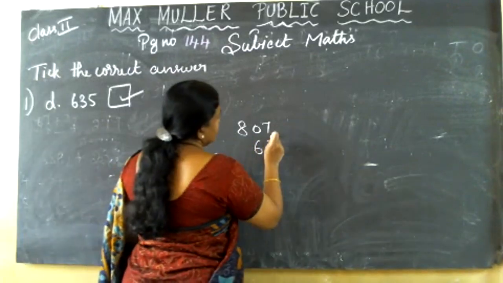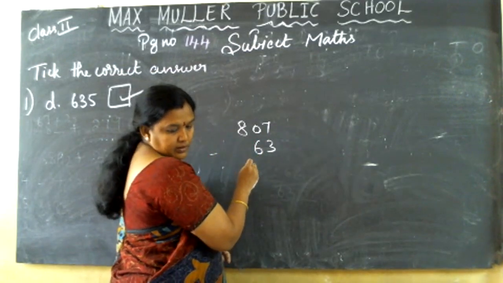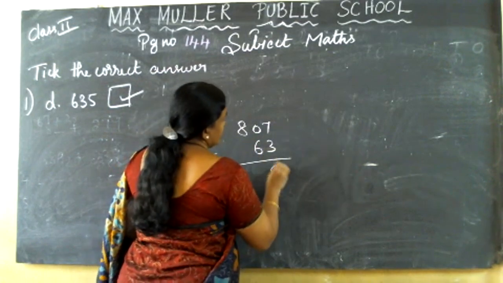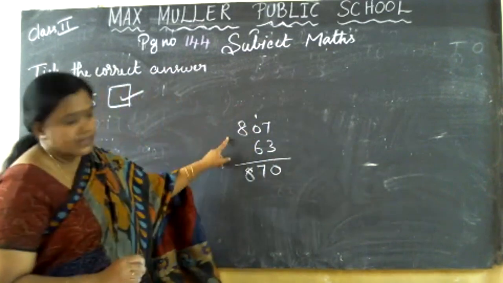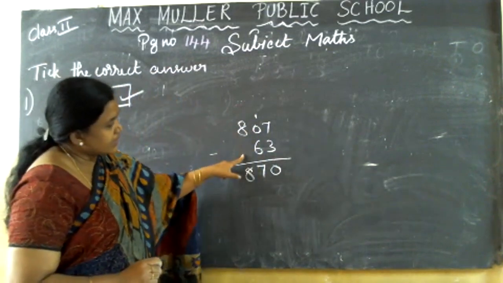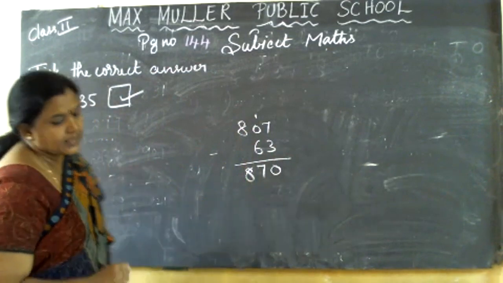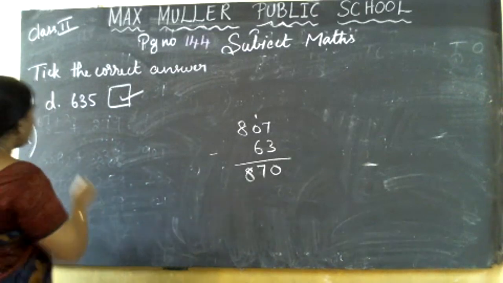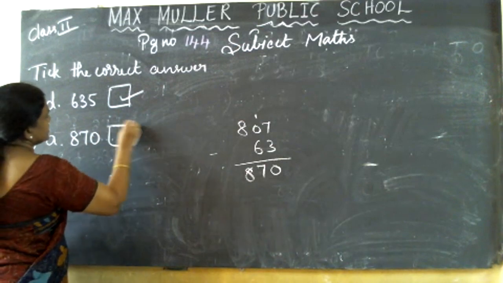See how much you will get. 807, 7, 8, 9, 10. See, 807 added to 63, you will get 870. So the answer for the second one is A. 870 is the correct answer.